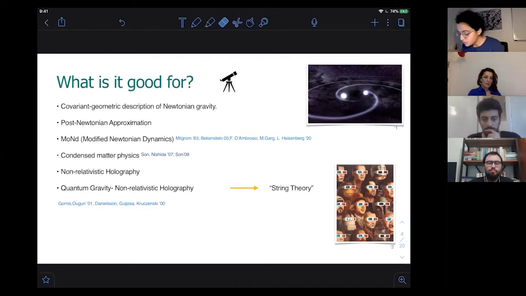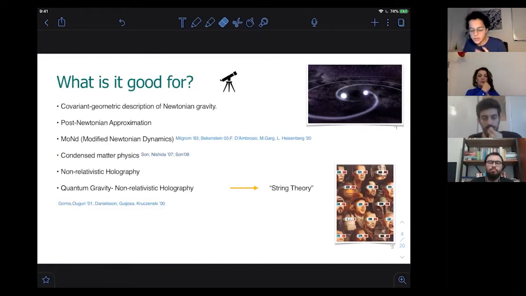For this reason, relatively new work was done by Bekenstein, and he embedded this theory in a relativistic setup in order to solve these problems. Of course, there are many more works which I'm not much aware of, but this is the basic line.